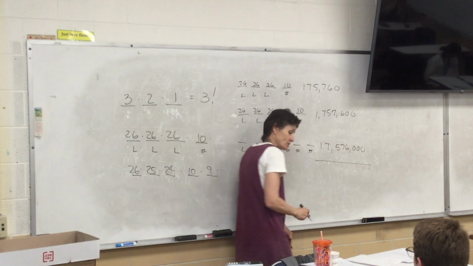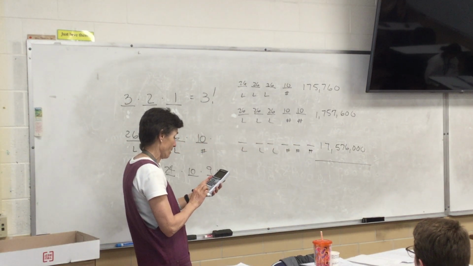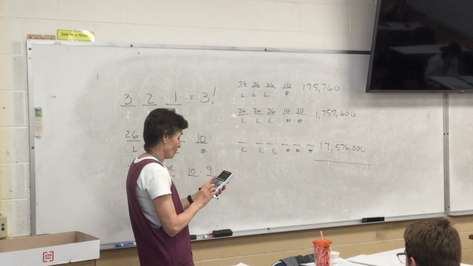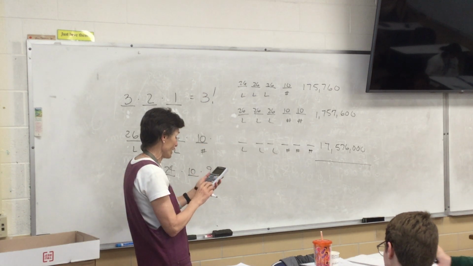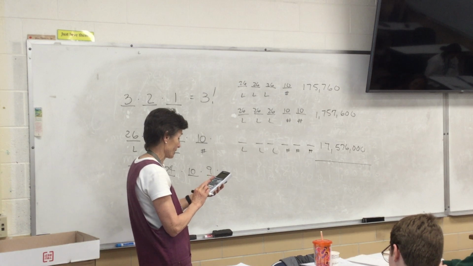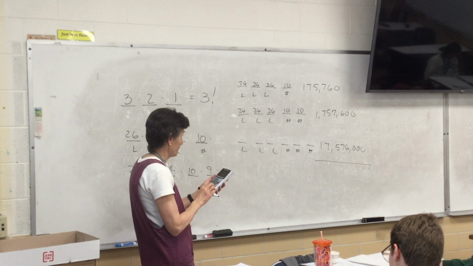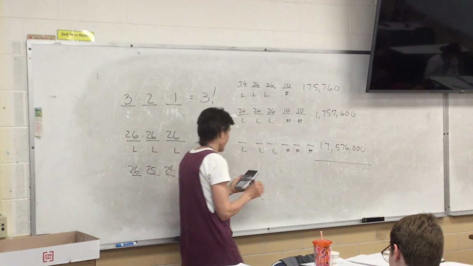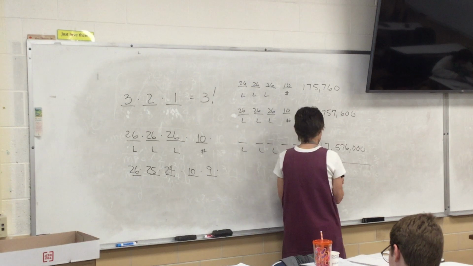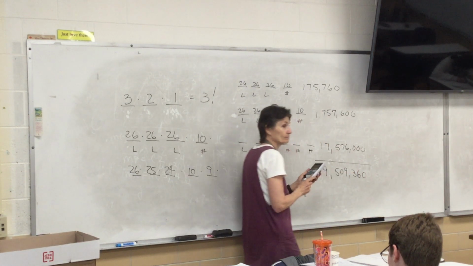So the answer is going to be the sum of those for exactly the reason Robert said. We have these different situations and we want the total. And I got 19,509,360. Did you?